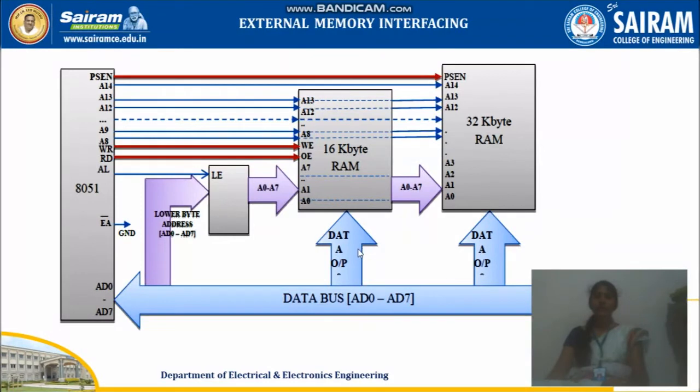So whatever data you are segregating, the corresponding data will be written onto the memory. This is how your external memory interfacing works with 8051. So it is possible to connect an additional memory externally by using the pin called PSEN, that is program store enable. It is the pin that is responsible to store the program onto the external memory. You can store the data as well as your program.